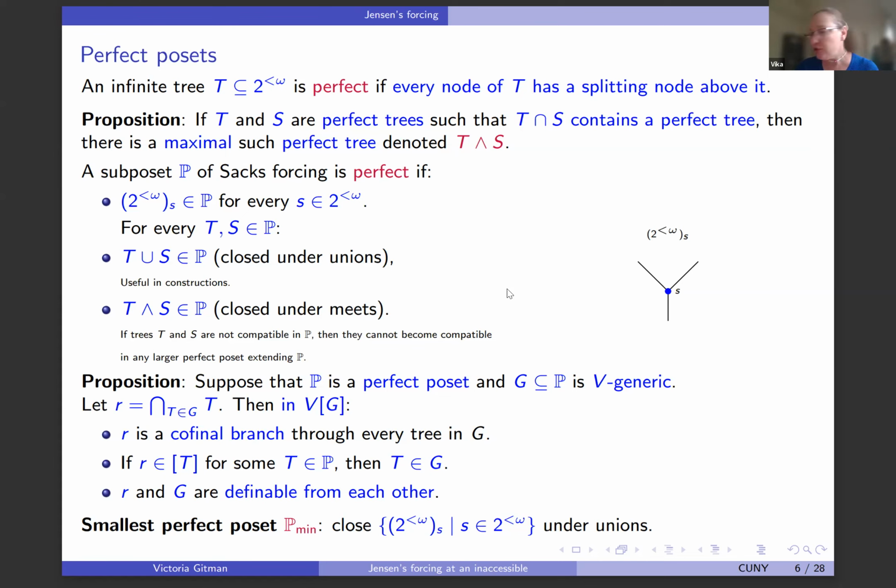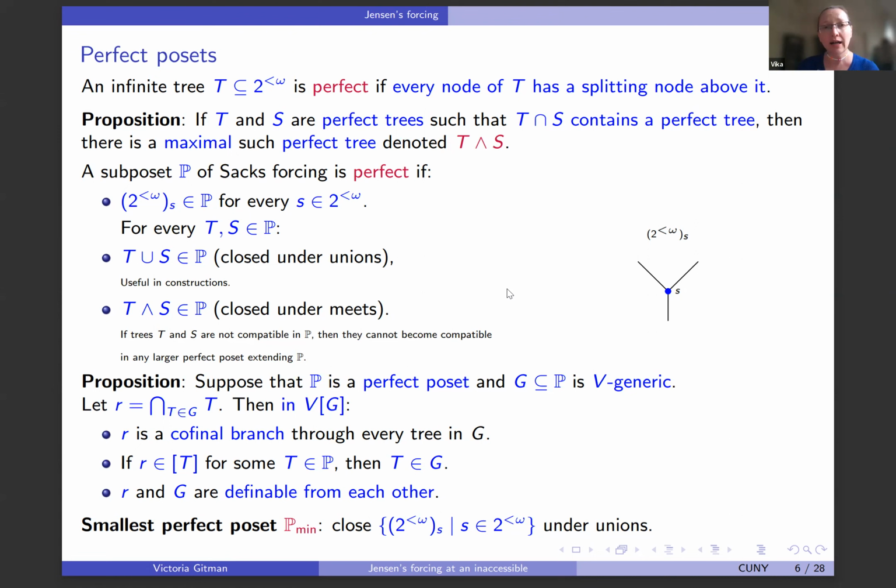Okay, so I need a bunch of ingredients here, and we'll start with the notion of a perfect poset. Okay, just a quick reminder, we say that a subtree of the full binary tree is perfect if every node has a splitting node above it.